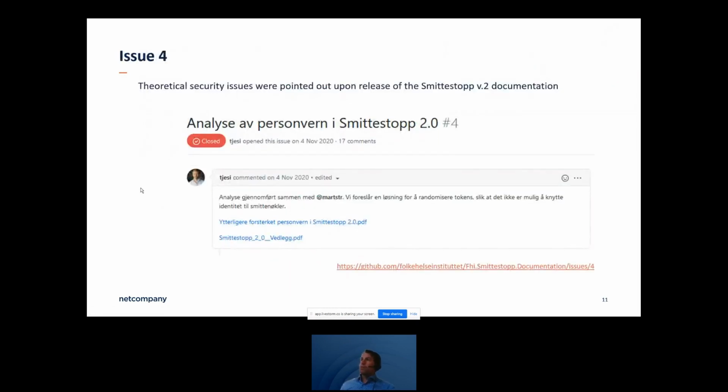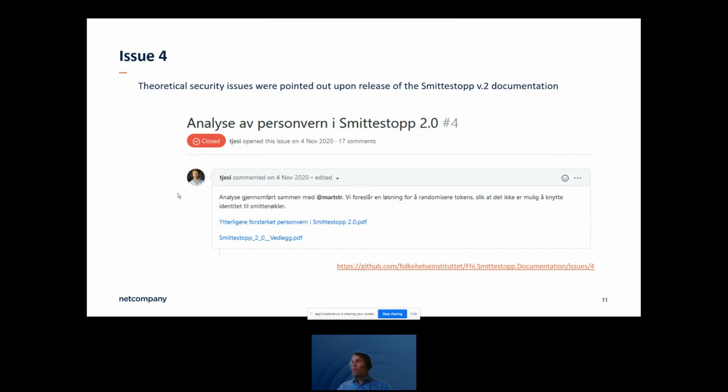Yes. So issue 4: when the Norwegian GAEN app was first released in a version 2, researchers from a Norwegian university, I believe, analyzed the application and the whole solution, identified a number of security issues, and then wrote an article about it.